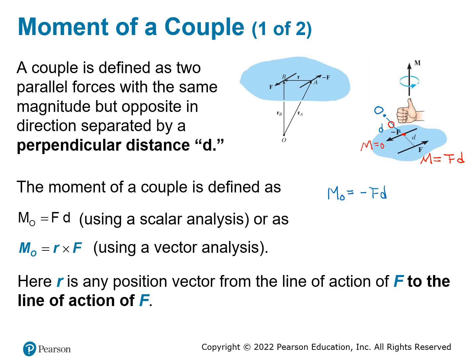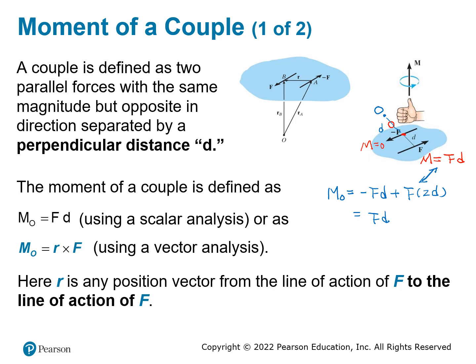However, for the other force, this moment will be f times 2 times d, because the distance is further away than this point right here. And if you sum them together, it's going to be f times d, which is the same situation as this one here.